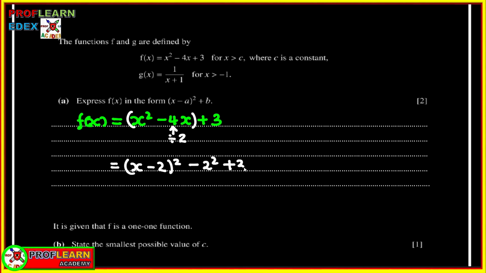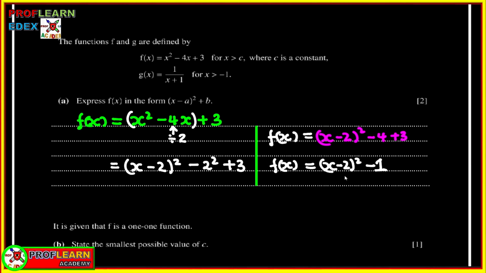So to cancel that effect, it's a must that you have to subtract. Even if the number was positive or negative, at that point, you must subtract. So simplifying this, we're going to get f of x equals to x minus 2 squared, and this is going to translate to negative 1 at that given point.